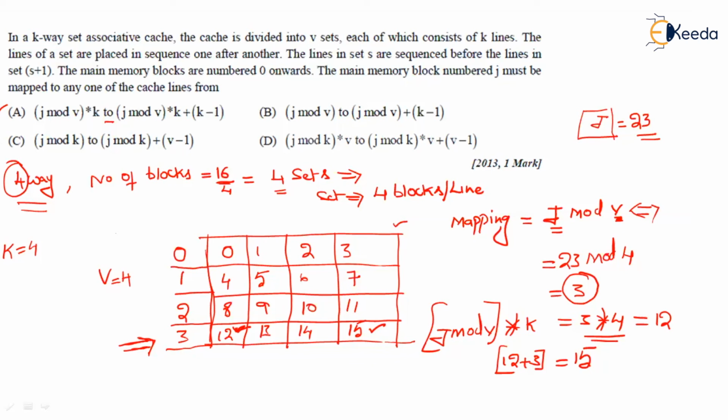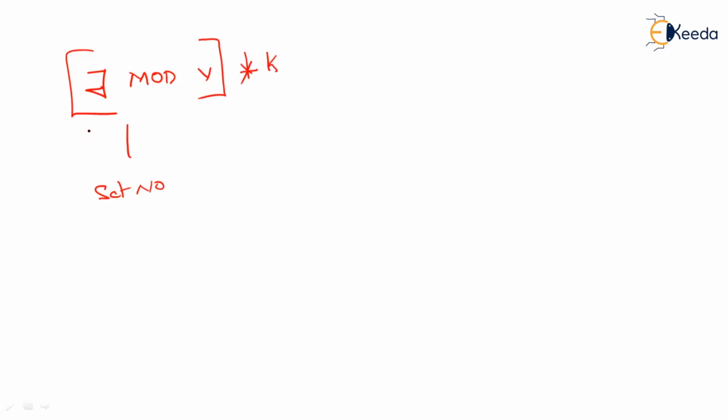So once again, J mod V will give me the set number, and J mod V into K altogether will give me the first line under the set.